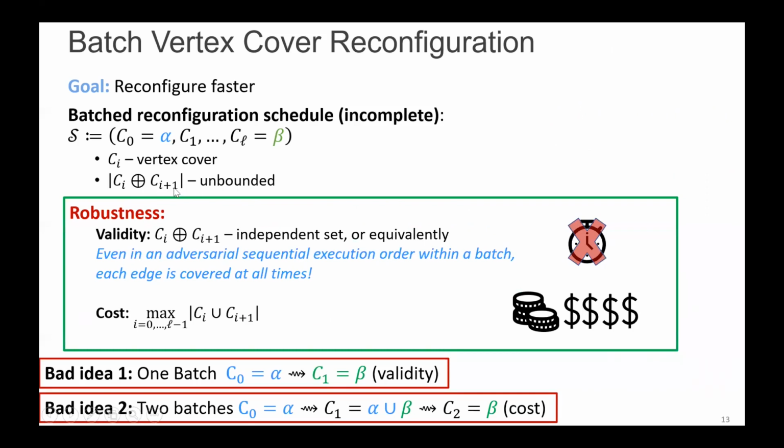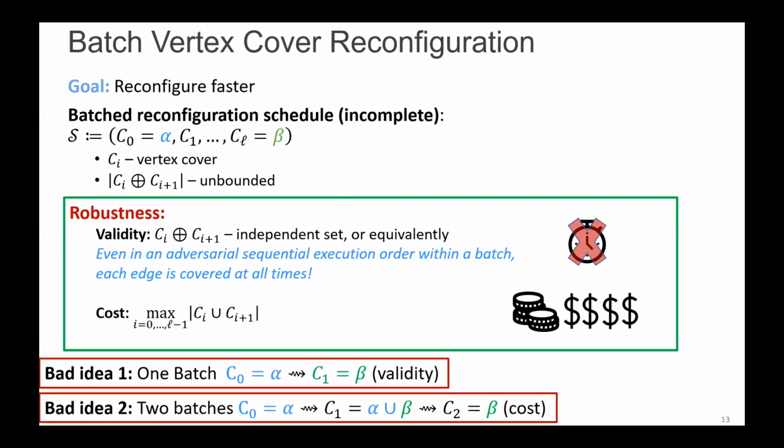We can change as many vertices at a time as we want, not just one. But we need that even in an adversarial sequential execution order within a batch, each edge is covered at all times. This can, for example, be achieved if one always just reconfigures in one batch nodes which form an independent set. This is an equivalent statement.